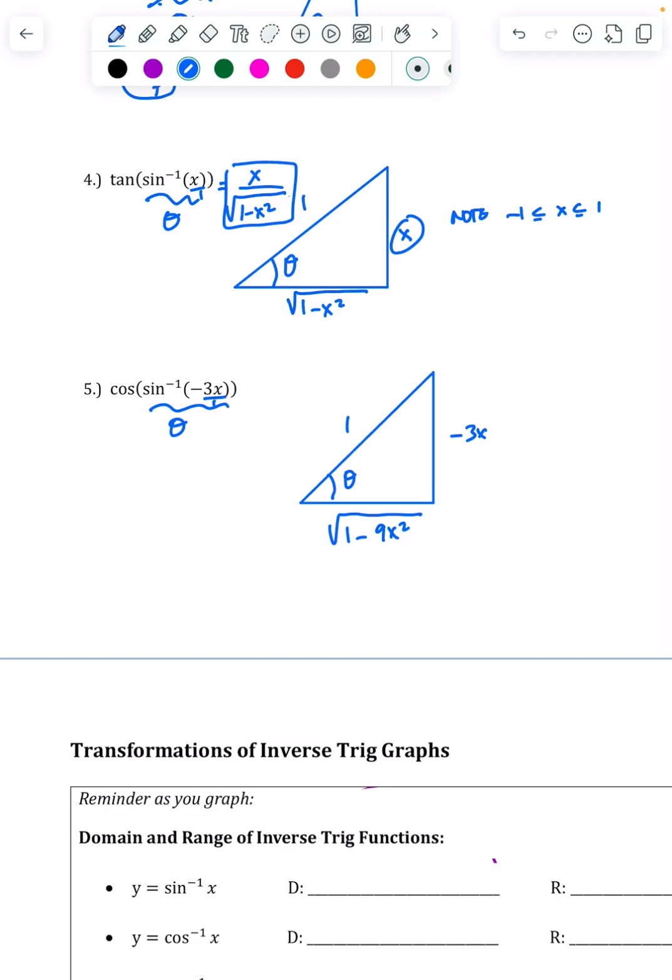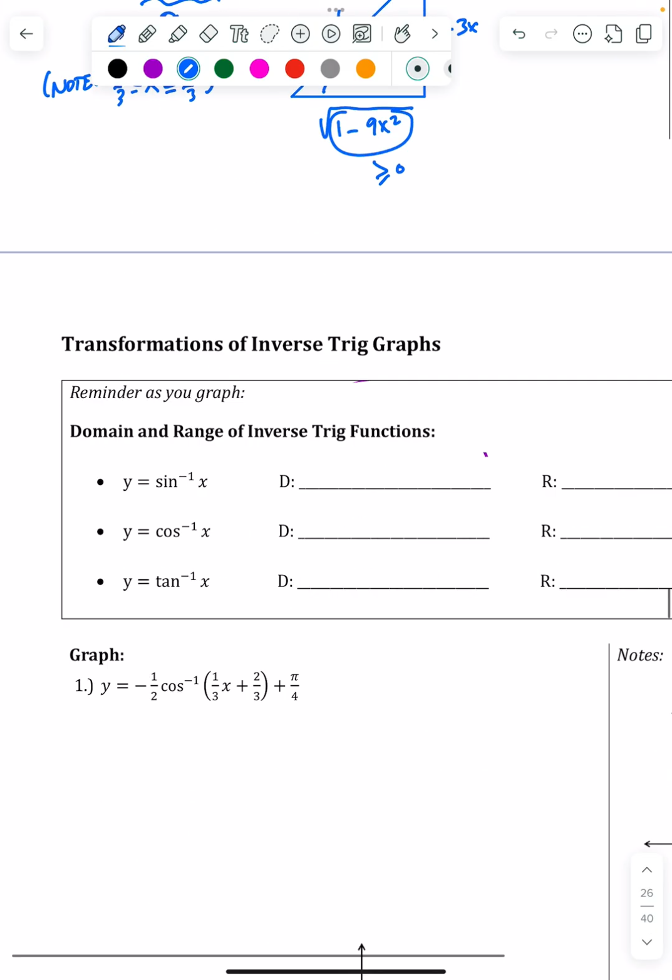So cosine of that is adjacent over hypotenuse, so it's just square root of 1 minus 9x squared. And note, x is between negative 1/3 and 1/3 inclusive, because you want this to be greater than or equal to 0. Okay, so this is the first part.